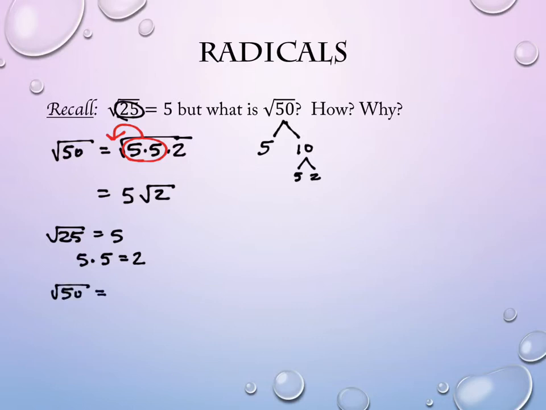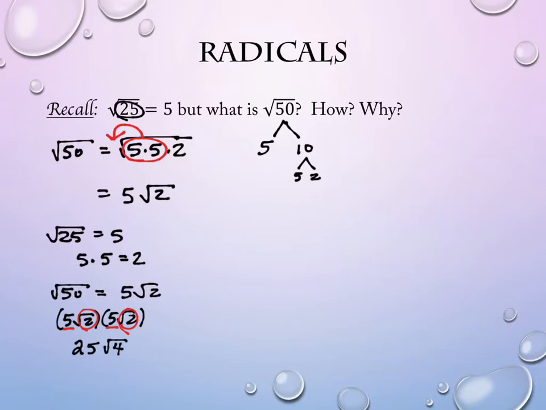The square root of 50 is actually 5 square root of 2, because if I were to multiply 5 square root of 2 times 5 square root of 2, I would multiply the values on the outside. What's 5 times 5? 25. And then I'd multiply square root of 2 times square root of 2, which would be square root of 4.